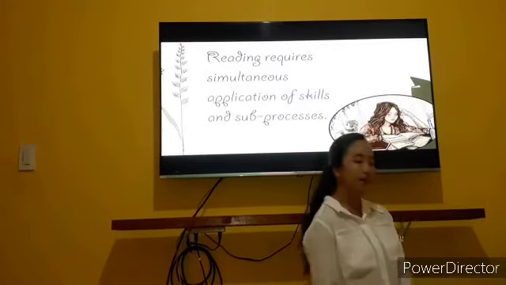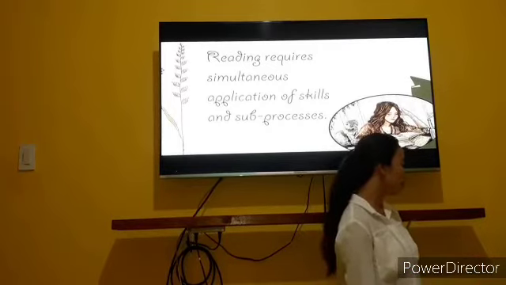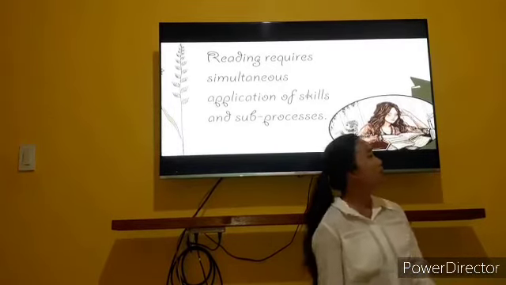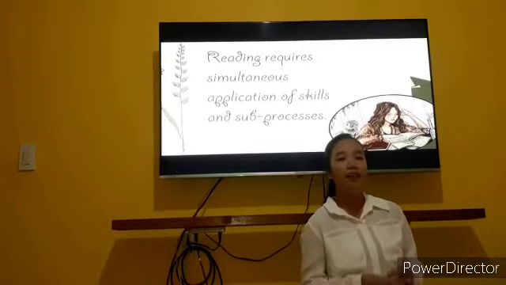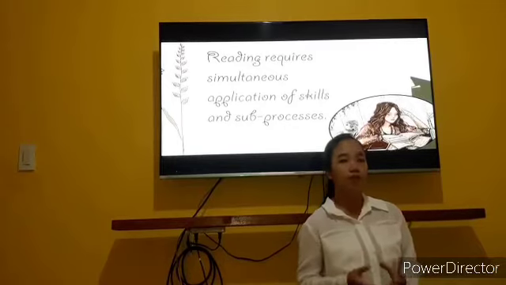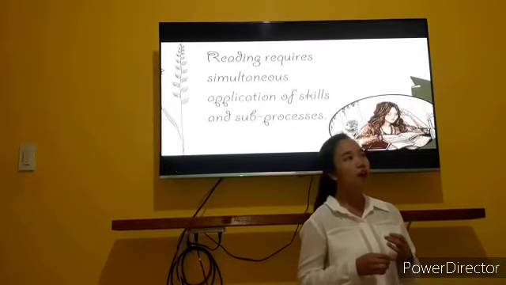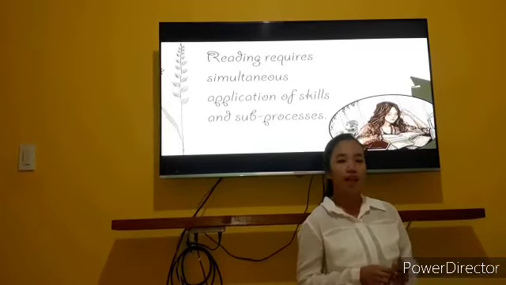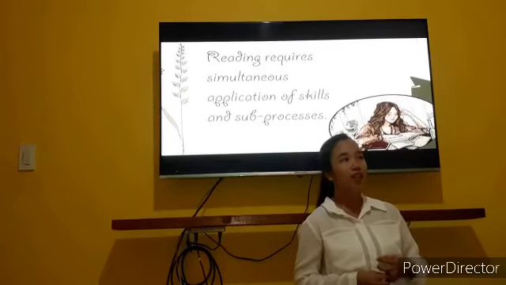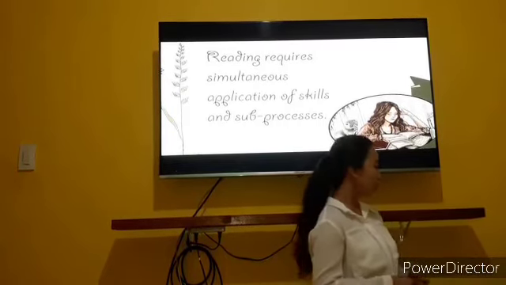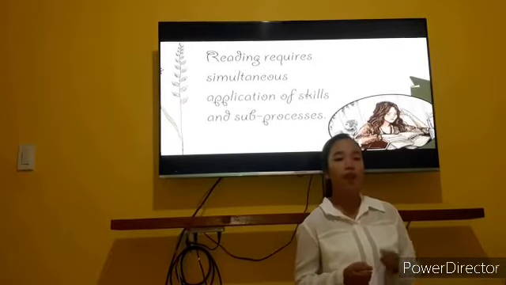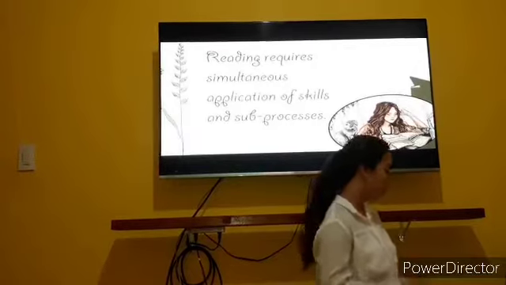Next, reading requires simultaneous application of skills and sub-processes, which means doing them at the same time, such as identifying the author's mood and purpose, the main ideas and context clues, and relating such meanings to the reader's prior or existing knowledge.